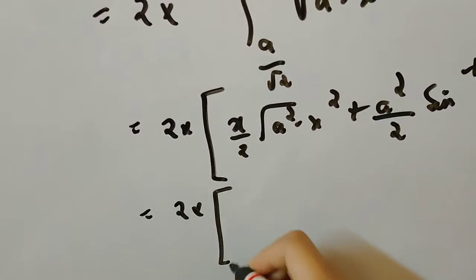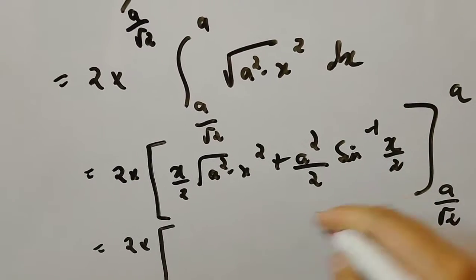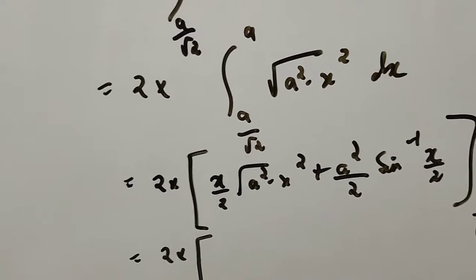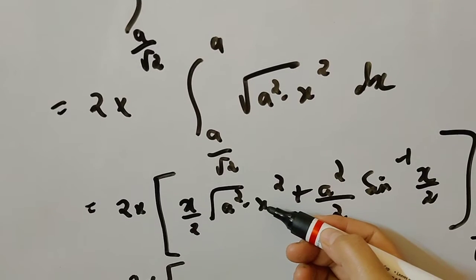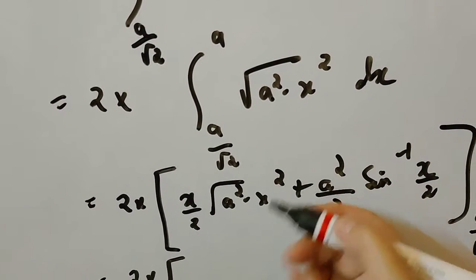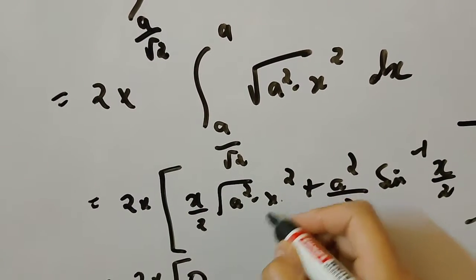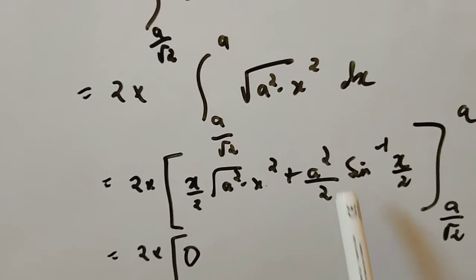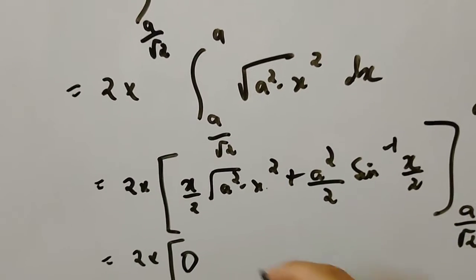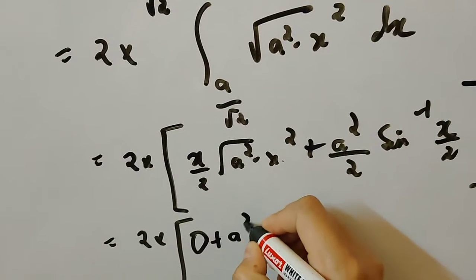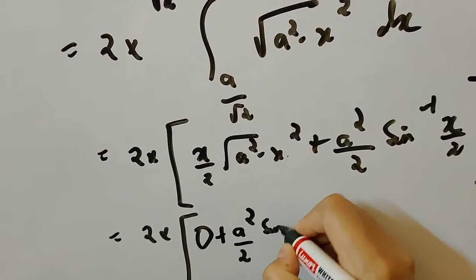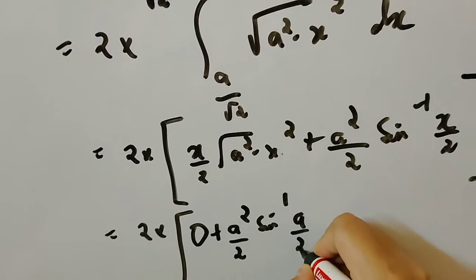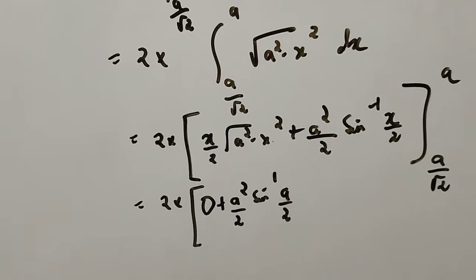Now first we will put a in place of x. You see this first portion: if I put x equal to a, then a square minus a square will give us 0, so totally this term will become 0 when I put x equal to a. For the next term, this will become plus a square by 2 sin inverse a by a.